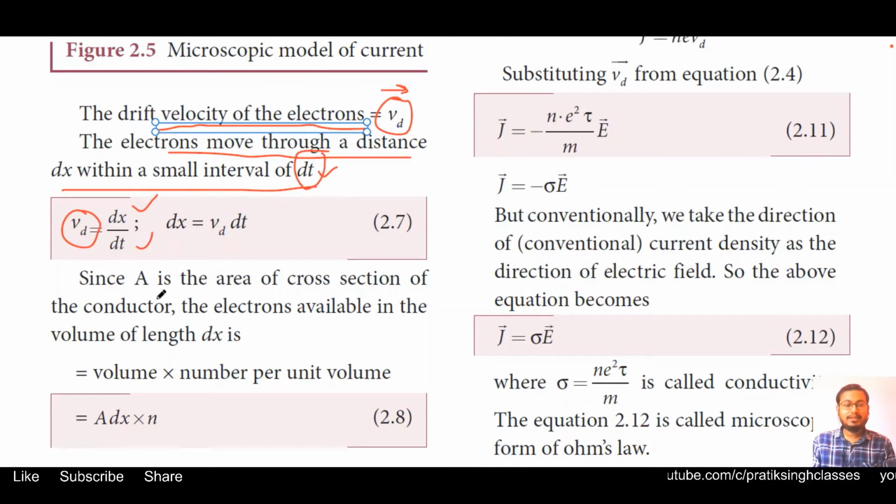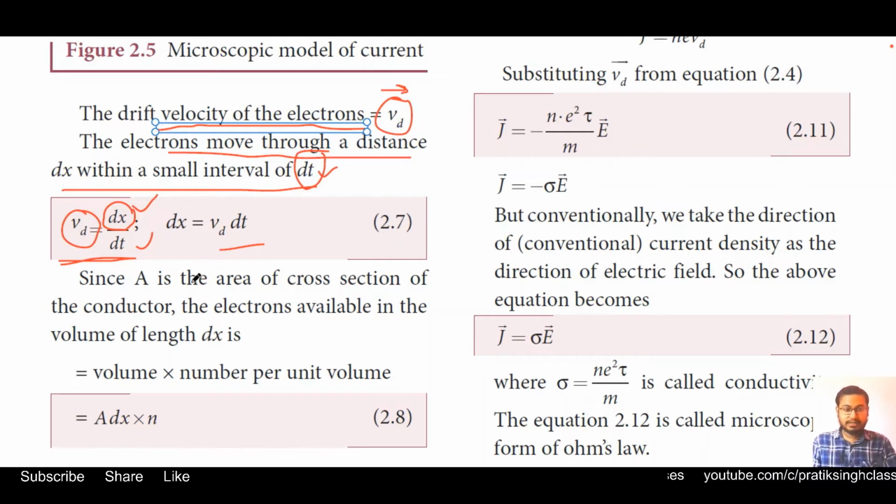It is simple, just like velocity is equal to distance by time or displacement by time. Here you can say distance or displacement, because it is a straight conductor. So from this we can write that dx is equal to Vd into dt. That is, the distance from the first region to the second region is equal to Vd into dt.